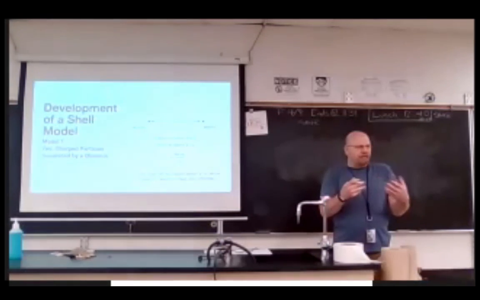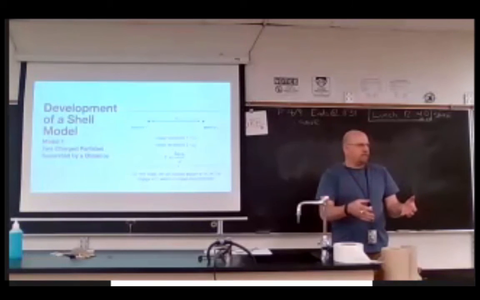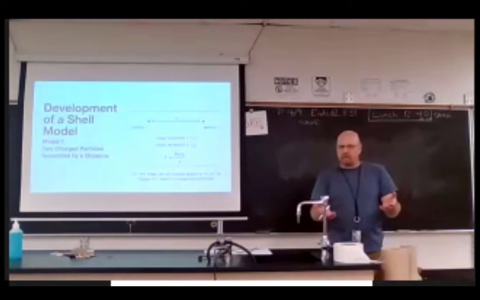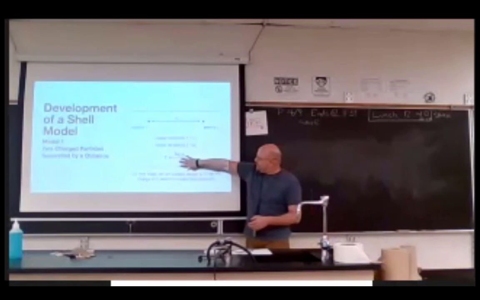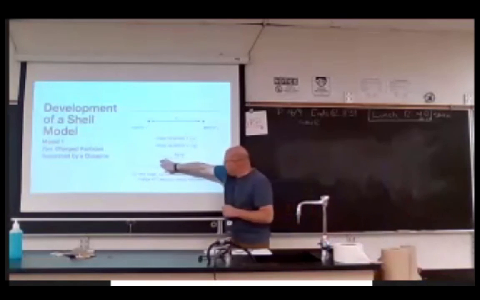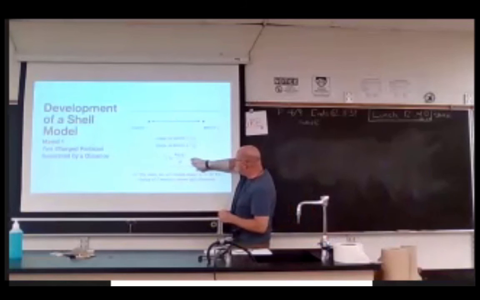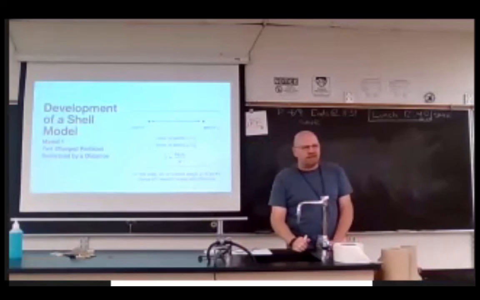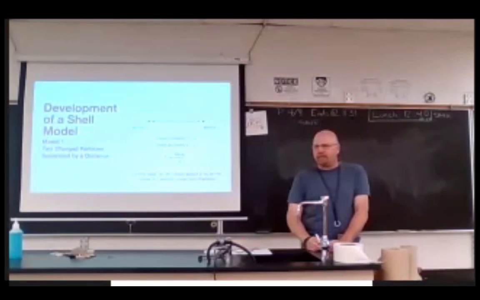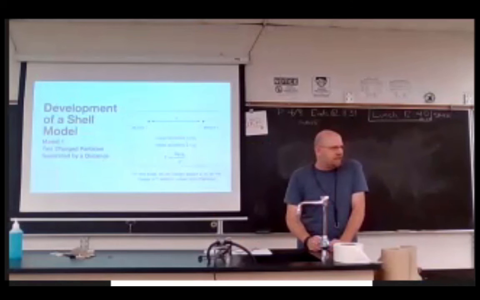But we need to look at the factors that affect those attractions or repulsions. This equation, V equals K Q1 Q2 divided by D. I know science equations look scary because they have all kinds of different letters and subscripts in them, but this isn't that big of a deal. Okay?